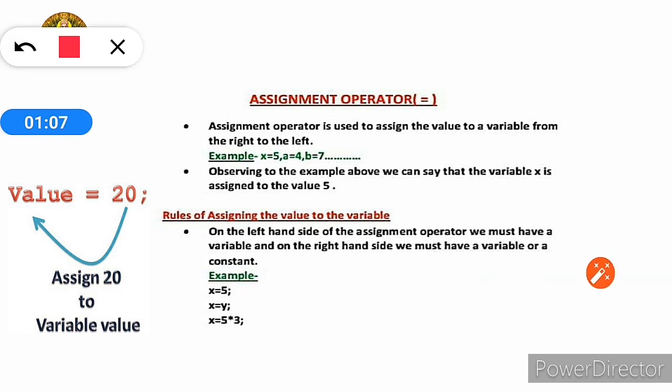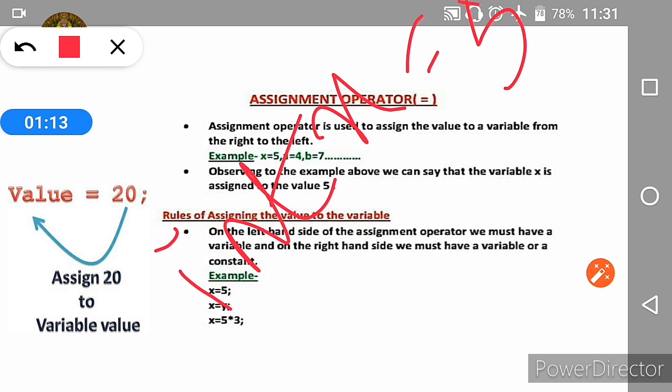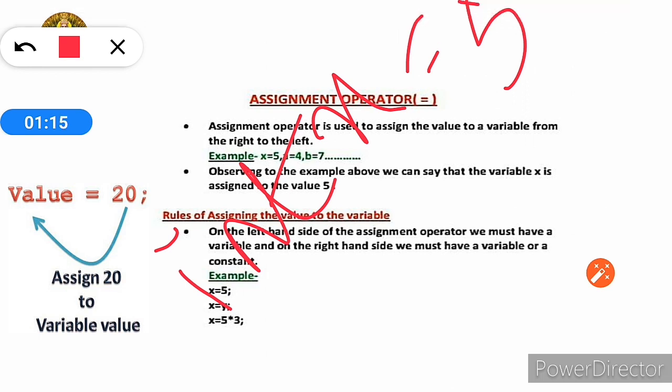For understanding right to left, again taking the example of int x equal to 5, the value of 5 is being assigned to x. The 5 is written on the right side and the x is written on the left hand side of the assignment operator.